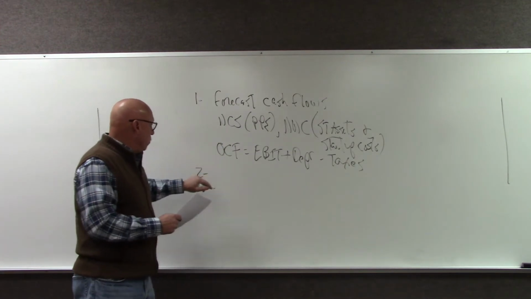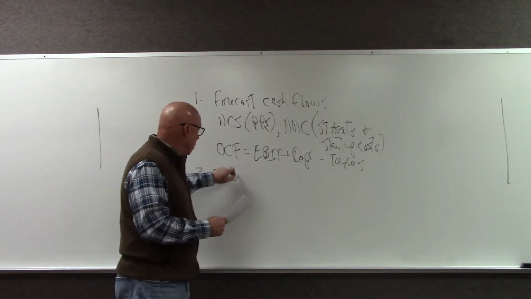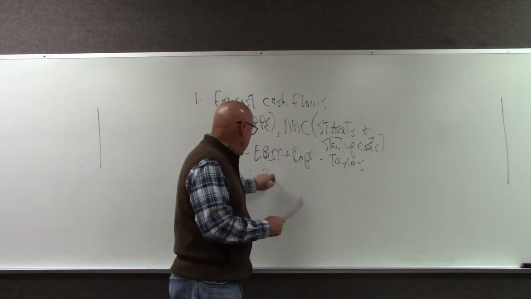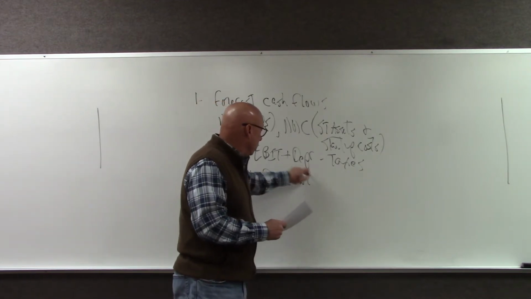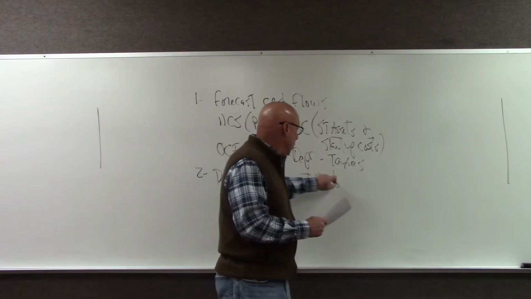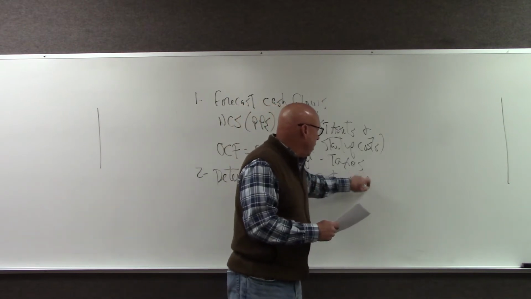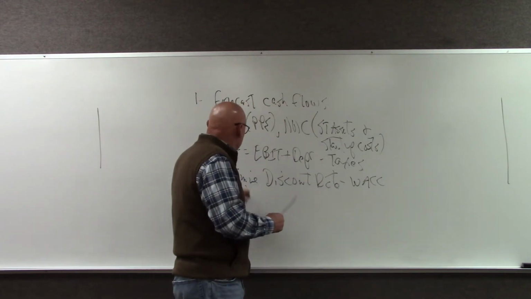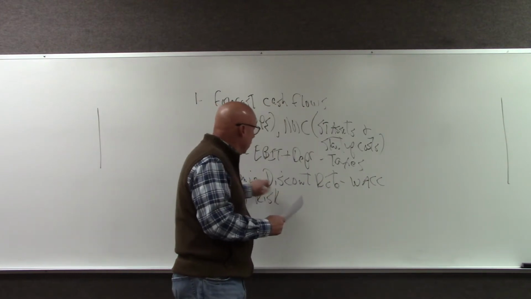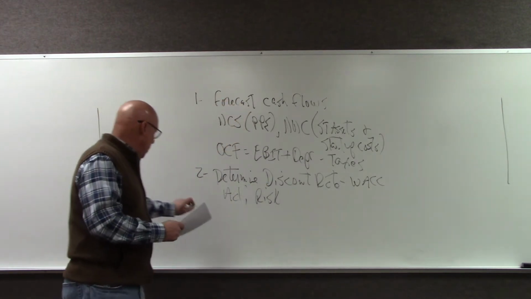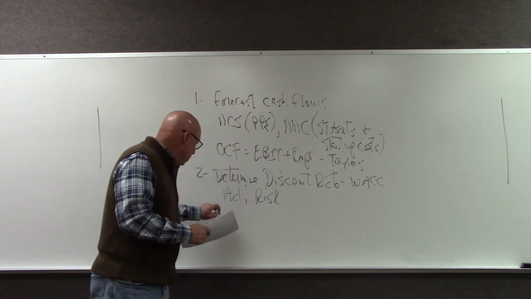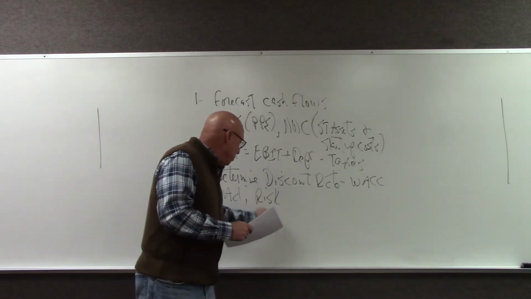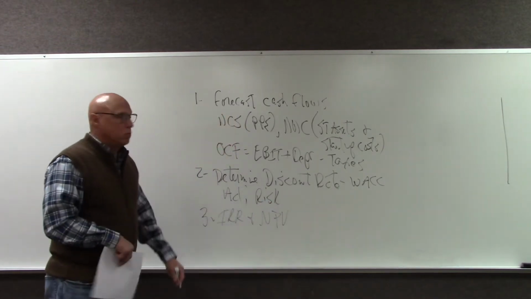Then we have to determine our discount rate, which will start with the weighted average cost of capital, and then we'll adjust for risk. Okay? And then we do an internal rate of return and a net present value. Okay?